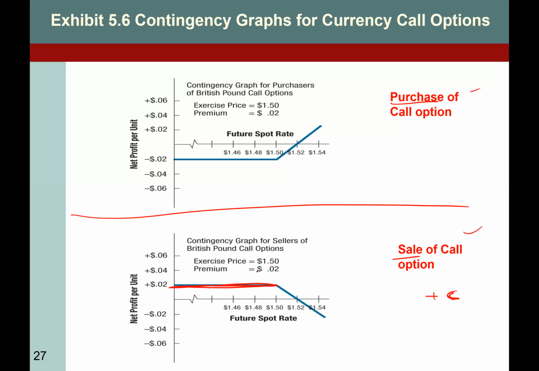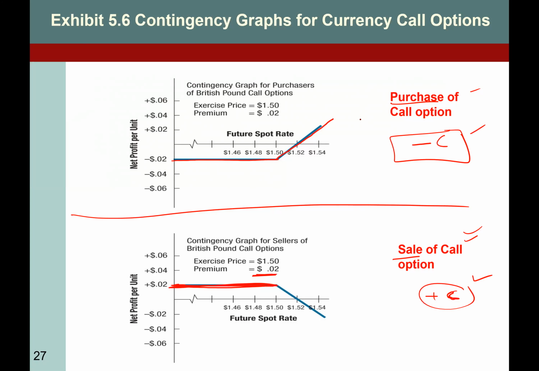If the premium is 0.02, the seller will receive 0.02. Its profit cannot be increased, right? But the purchaser's maximum loss is up to the point where he paid the call option premium. Its maximum loss starts from here, and if the price goes up, he will start exercising.